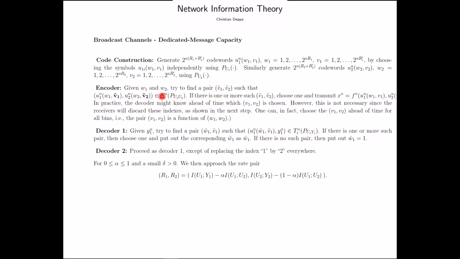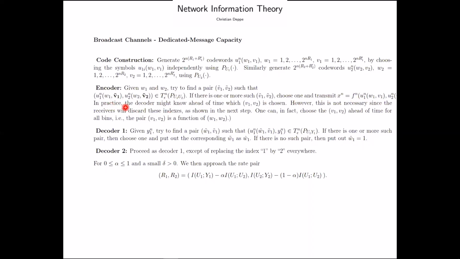So he looks in his two randomly created codebooks and tries to find two codewords that are jointly typical. If there is one or more, then choose one. Again, we choose the first in the list, and we transmit. We use our function and transmit X^n, which is a function of U1 and U2.